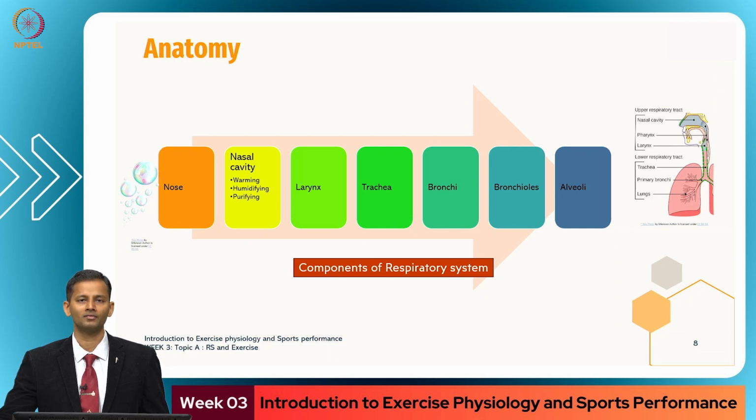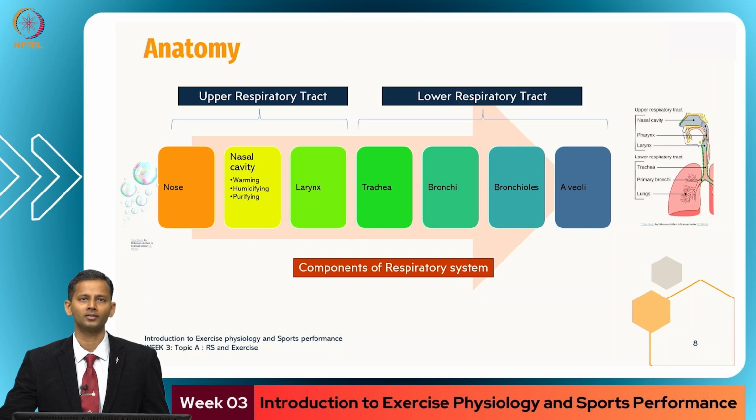Further, it enters into the larynx, which again leads into the trachea. From the trachea downwards, this airway is further divided and it ends up in the alveoli. The system until the larynx is called the upper respiratory tract, and the system beyond the trachea till the alveoli is termed the lower respiratory tract.